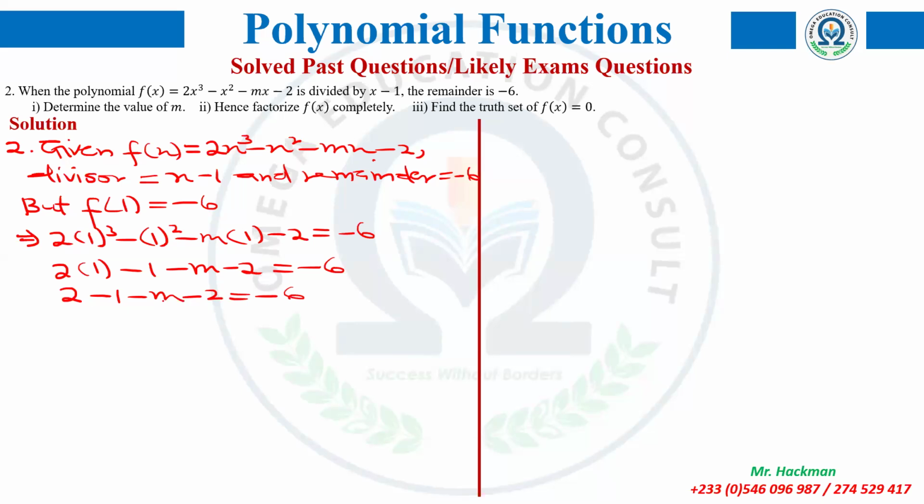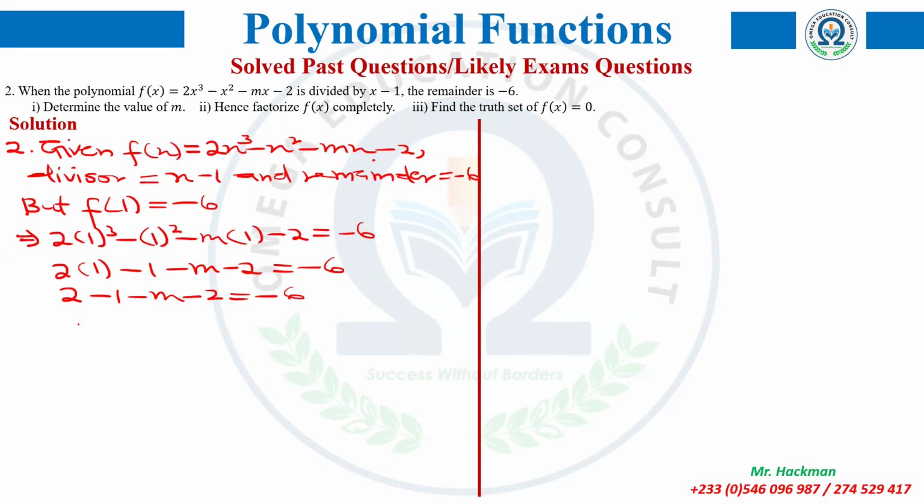I have to remove all the brackets first. So I will move the m to this side and bring this one here. However, someone can choose to write it this way. Combine all that you have here: 2 minus 1 minus 2. So you get -1 minus m is equal to -6. Only that I wouldn't do that, but I'm writing it just for explanation purposes.